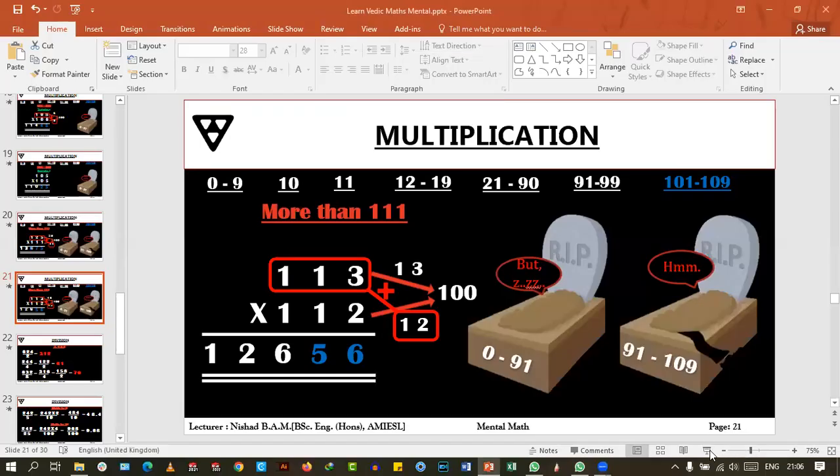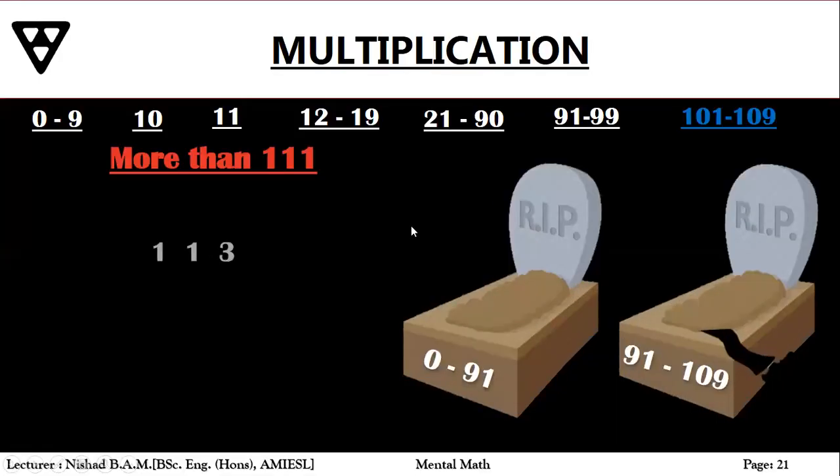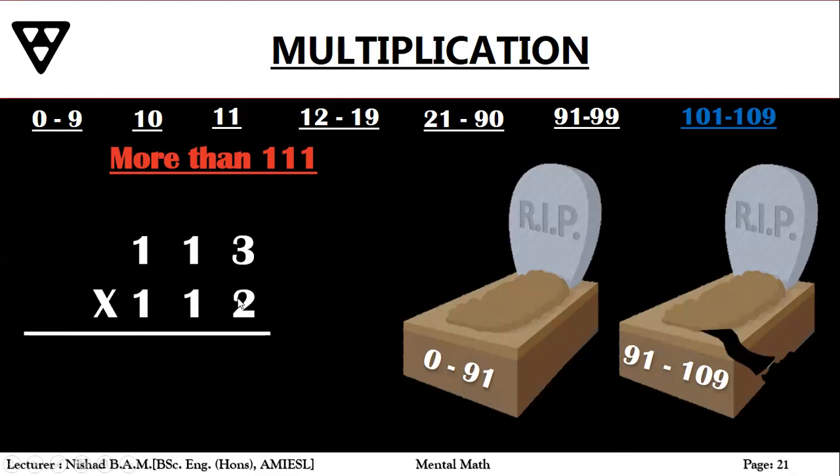And then we are going to apply this technique onto the next technique, right? Okay, let me explain this one. Now we are going to multiply 113 times 112. It's very simple.